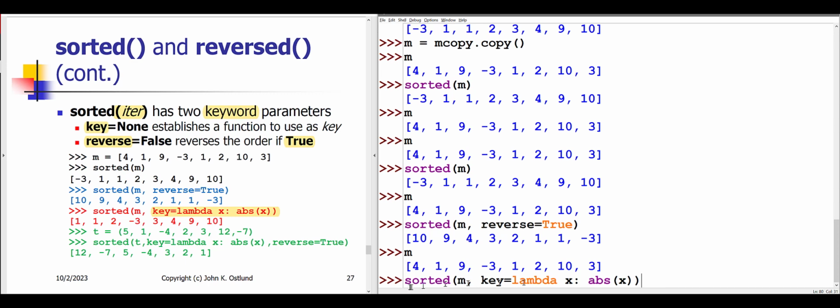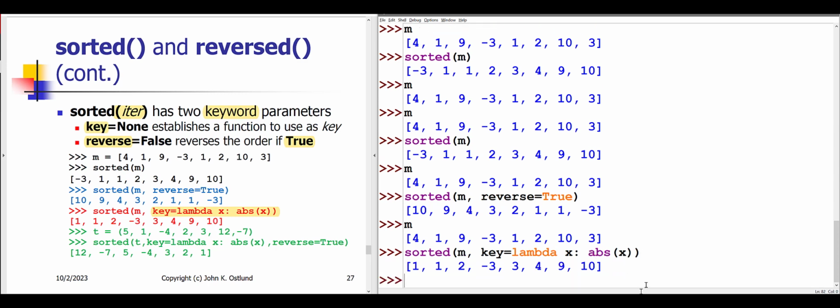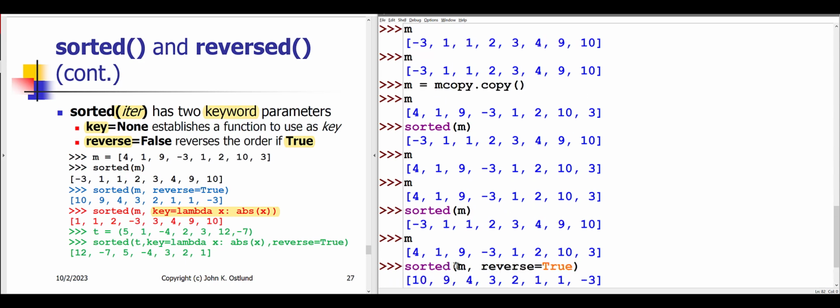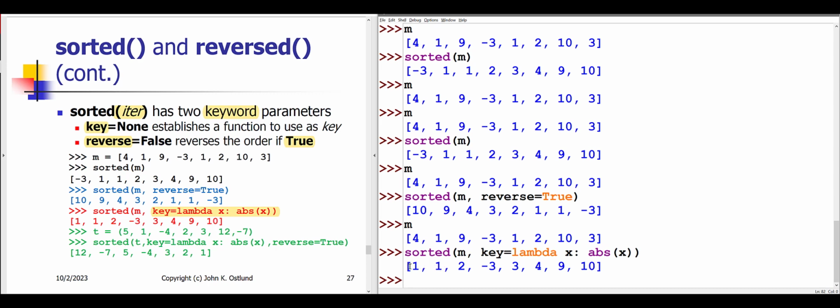So what am I doing here? Well, I'm sorting the items within M in ascending order, that is in non-descending order, according to the absolute values. So I get 1, 1, 2, 3, minus 3, 3, 4, 9, 10.